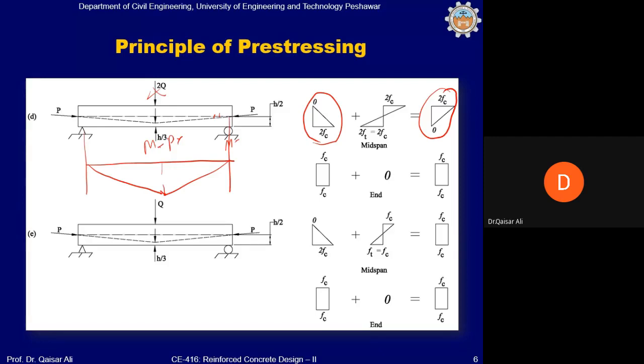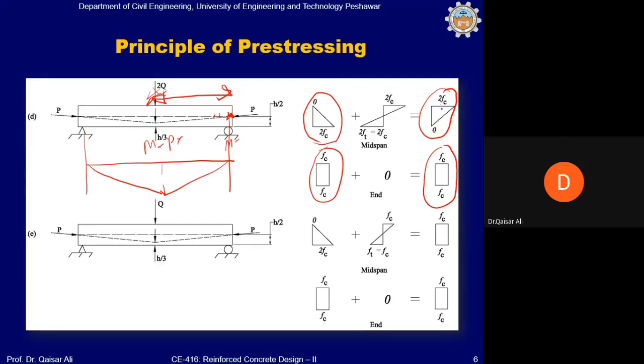However, at the ends of the beam, at this location, you have only Fc and Fc, and you don't have any tensile stresses and compressive stresses at the ends of the beam, neither due to the load nor due to the pre-compression force. So you will have a compression stress at the ends of the beam. And between this location and this location, there will be a change in the state of stress from 2Fc to 0. 2Fc will keep on decreasing, and from 0, the Fc value will keep on increasing.